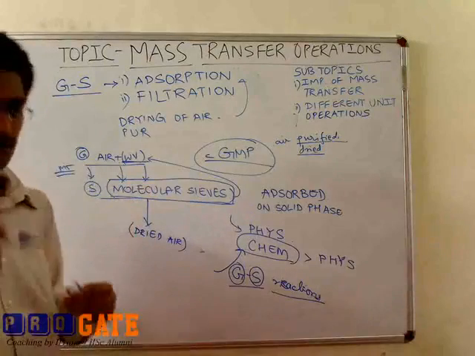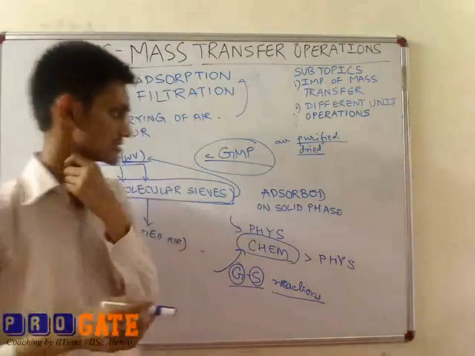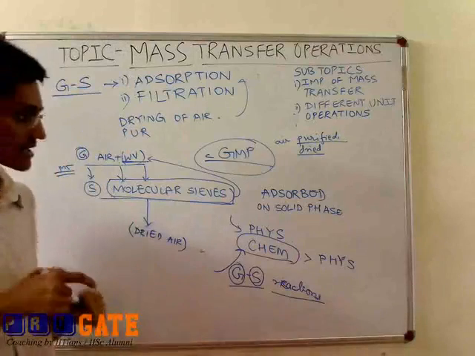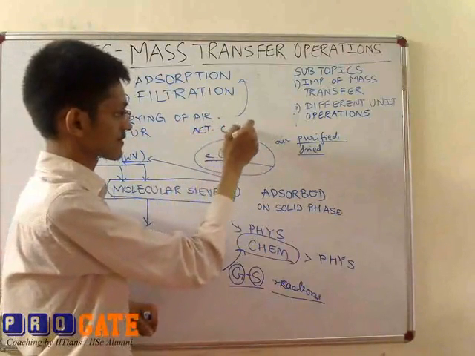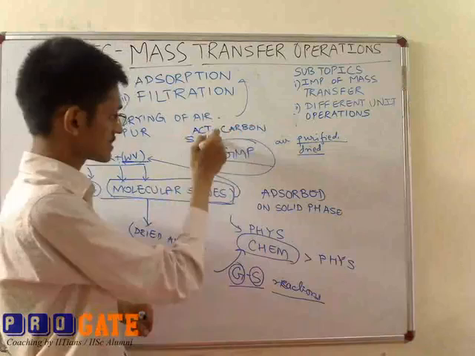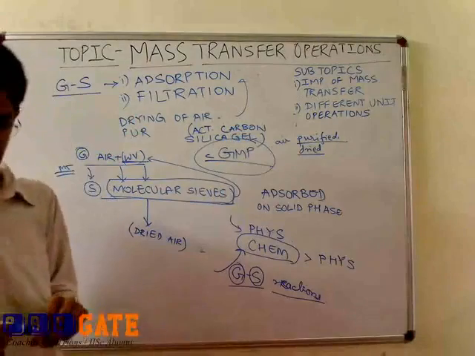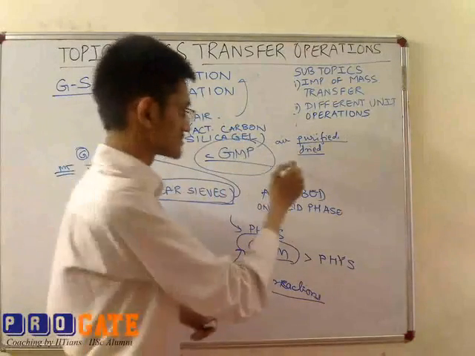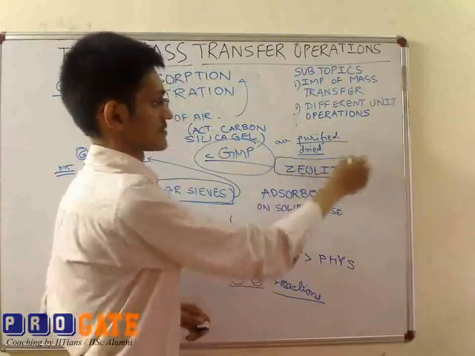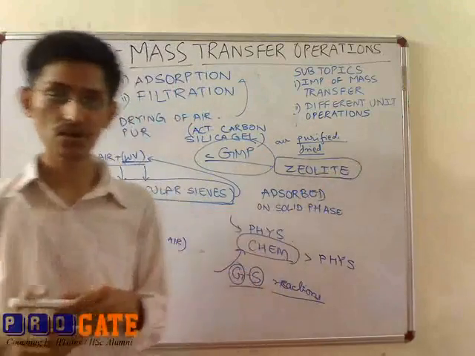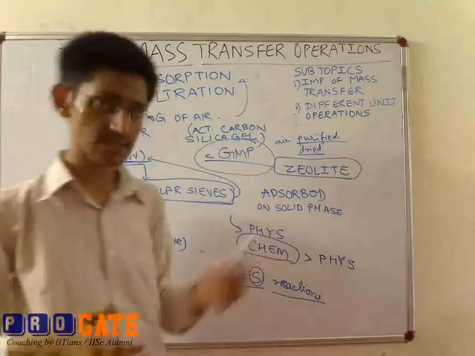Other solids that may be used, we have studied activated carbon, which is normally used as a support, silica, activated carbon, then we have silica gel, then we have zeolite, which either act as the inert support or also may play a role in the gas solid chemical reaction as the catalyst.